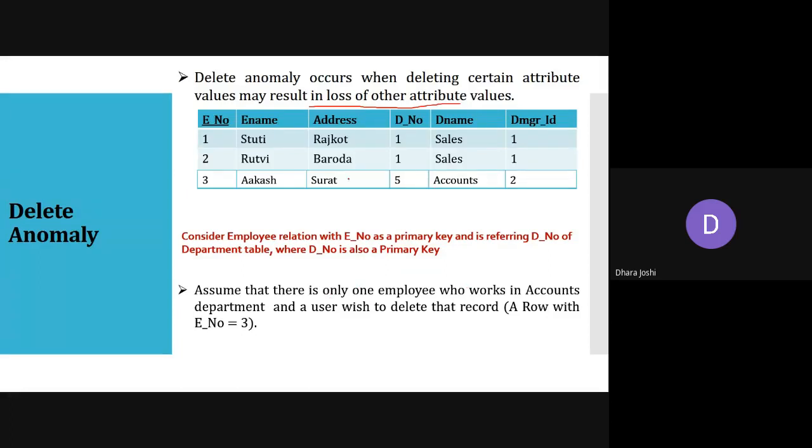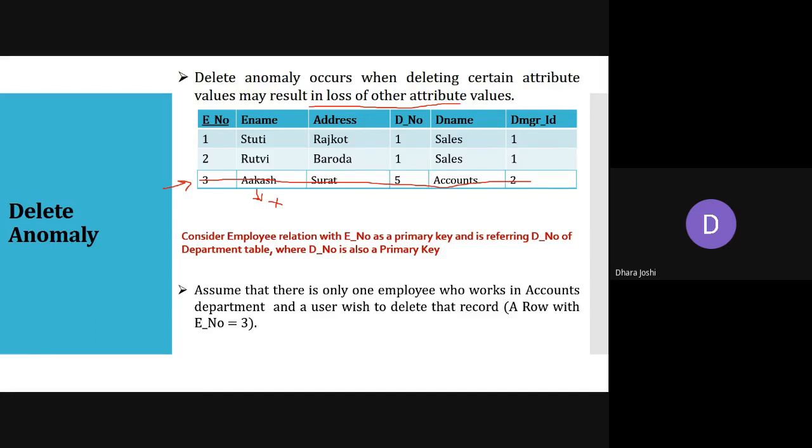Suppose now Akash got some other opportunity and he resigned from this organization. So he is going out from this organization, and we need to delete his record. If we are deleting the row with employee number 3, then along with the details of Akash and his address, we also lose the account department, because in the account department we have just one person.